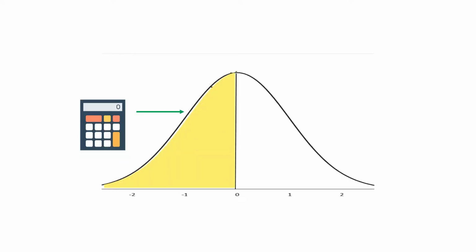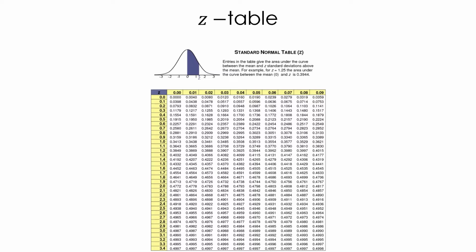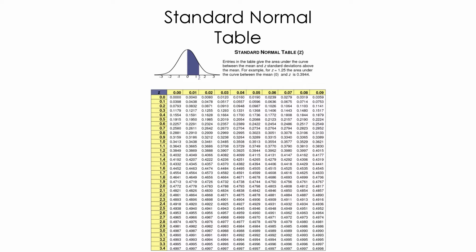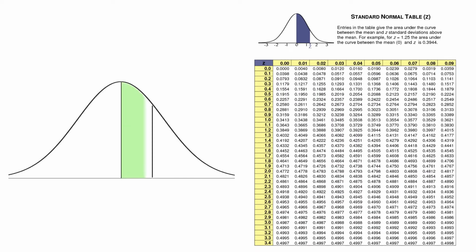Most importantly, the z-score allows us to calculate how much area that specific z-score is associated with, and we can find out the exact area using what we call a z-table, also called the standard normal table. This table allows us to know the percentage of values between the mean and the z-score.